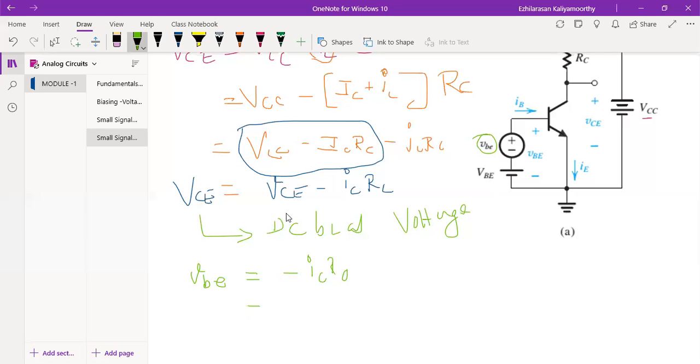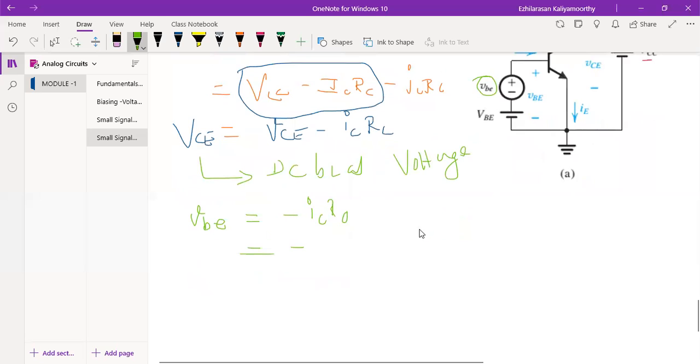As we know, what is the small ic? It is already known. I hope you remember the relation: ic is equal to gm vbe. We are working on small signal, so always take the small signal parameters only.